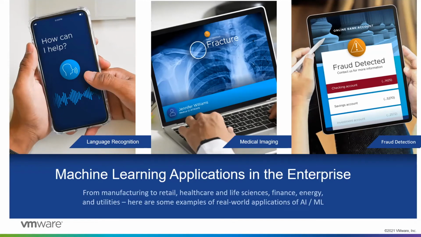This is what we're finding. Being able to do natural language processing and conversational AI are really interesting ways for industries of all types. Medical imaging has been completely revolutionized, including COVID research, by the way, recently. So there are a lot of abilities to apply machine learning in the medical community. And last, whether it's retail or manufacturing environments, the ability to take large data sets and look for fraud detection.